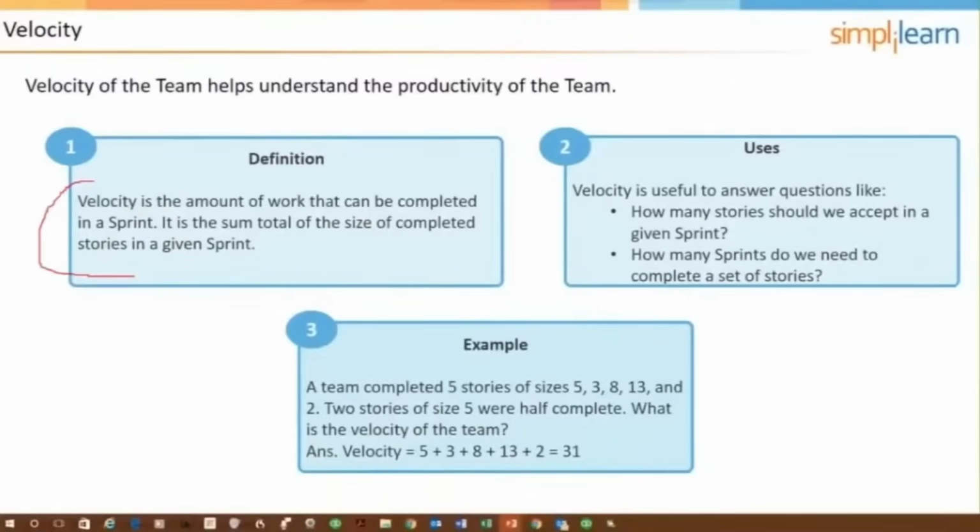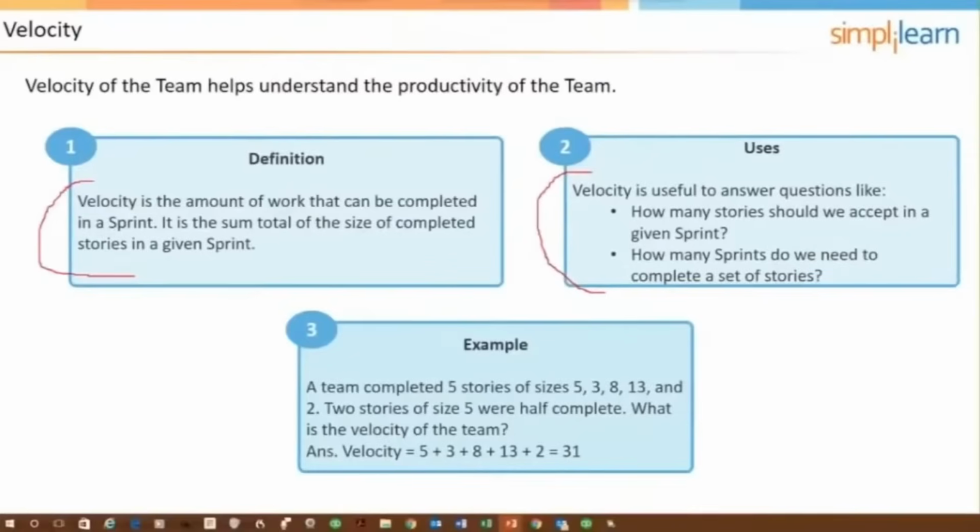So it's an observation. If we look over to box number 2 here, velocity is used to determine how many user stories we are going to include in a given sprint, and also how many sprints we are going to need to create a release or a set of user stories.